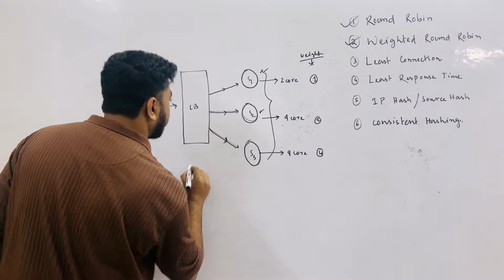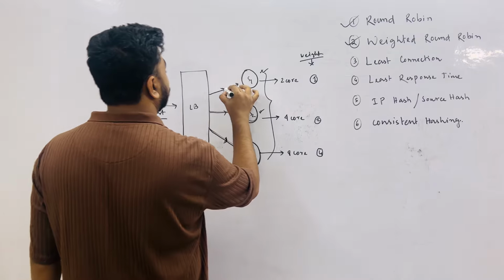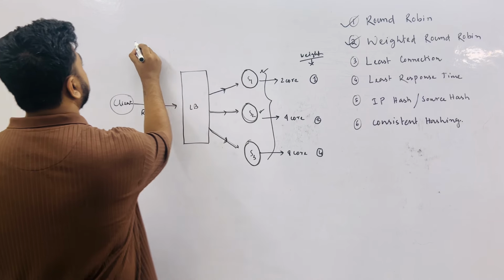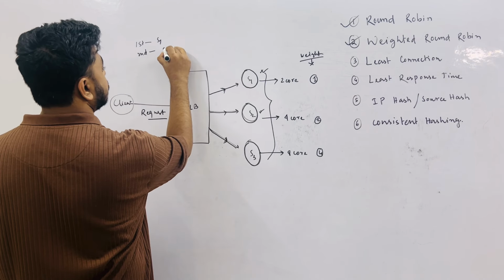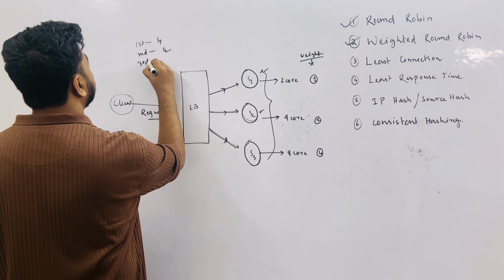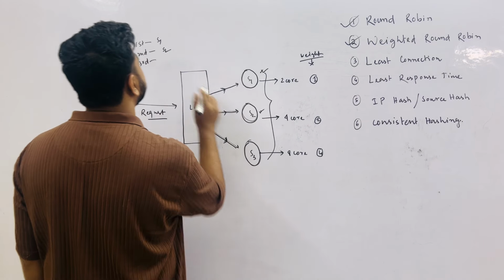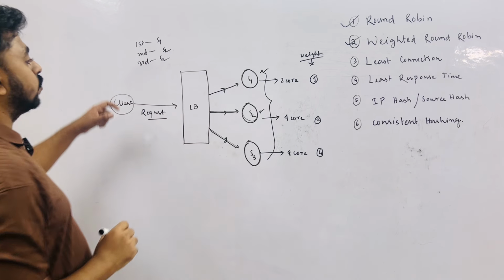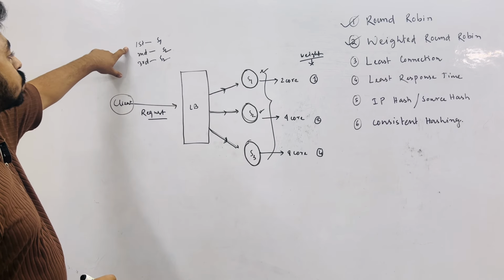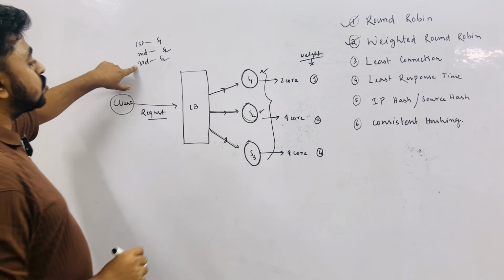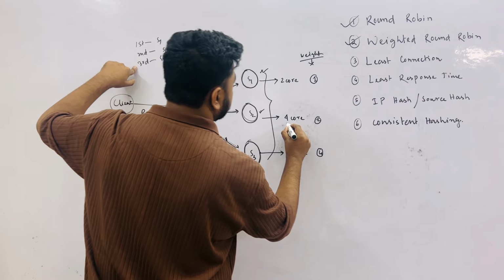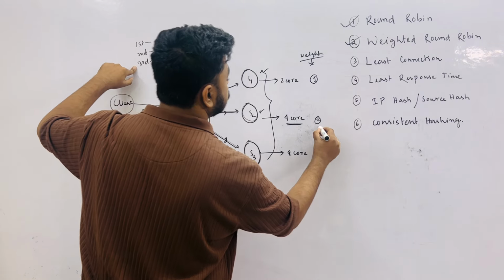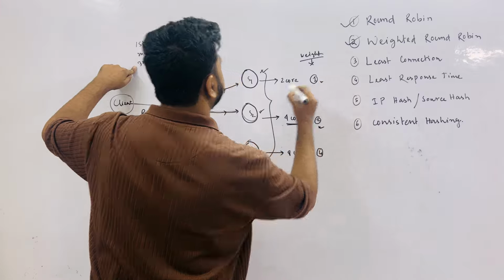When the first request comes, it will go to S1. The second request will go to S2, and the third request will go not to S3 but to S2, because it will check: I sent one request to S1, and S2 will be able to handle 2 requests, because S2's weight is more than S1.